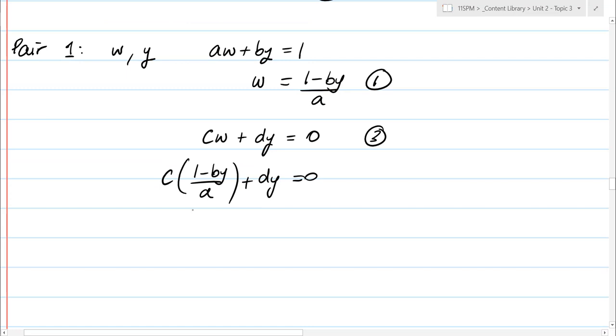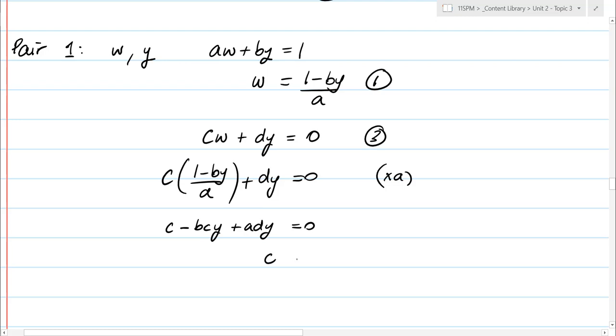And if I rearrange this, I want to solve for Y. So what I'm going to do is multiply by A, because that's a fraction and I don't really want fractions. And then I'm going to bring all the terms with Y in them on one side and all the terms without Y onto the other side. And I'll expand these brackets, so I get C minus BCY plus ADY equals 0.